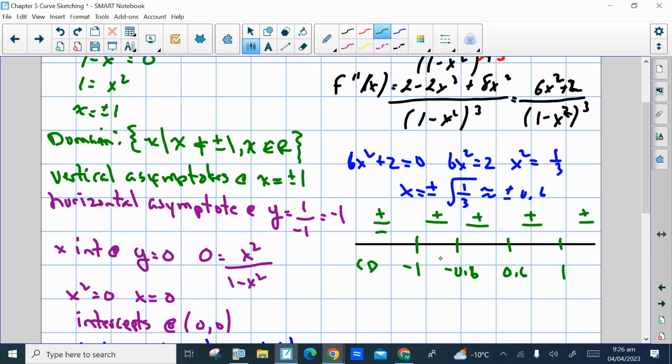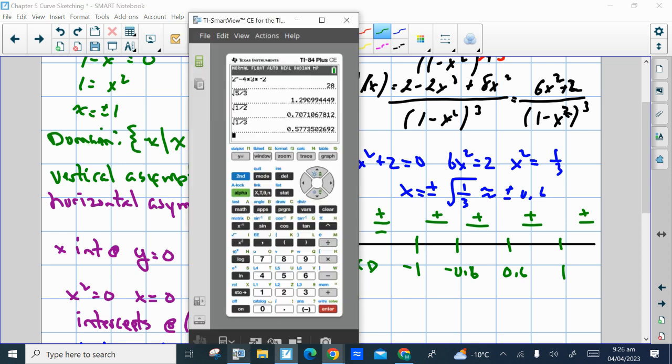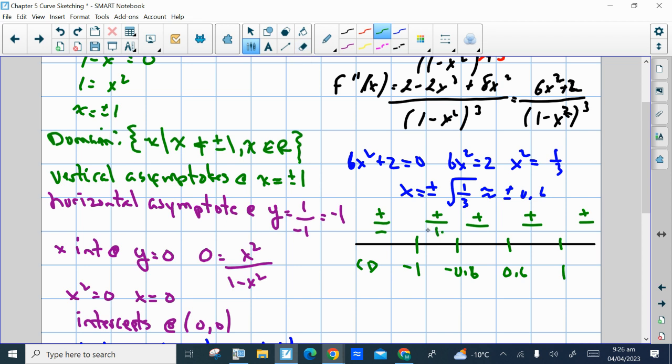Between -1 and -0.6, a number like -0.7. Well, the top is always positive. The bottom will be positive as well, because if you go 1 minus 0.7 squared, that gives you a positive decimal. You're going to cube it, so it's still going to stay positive. And so the graph is concave up there.